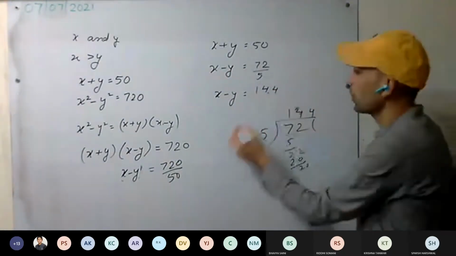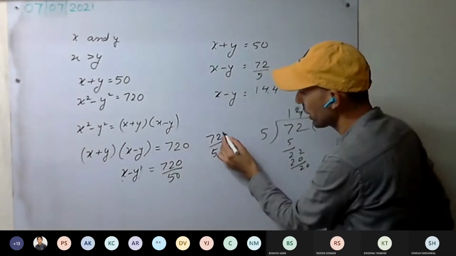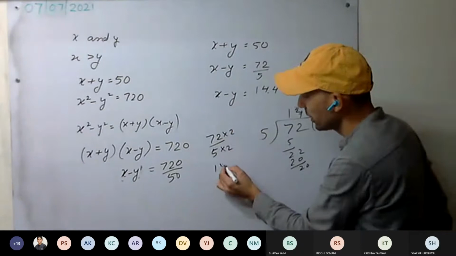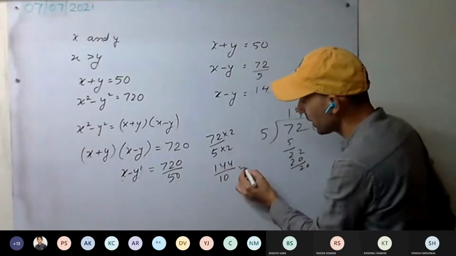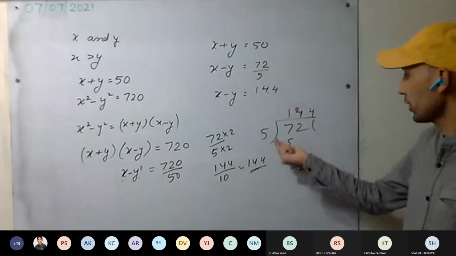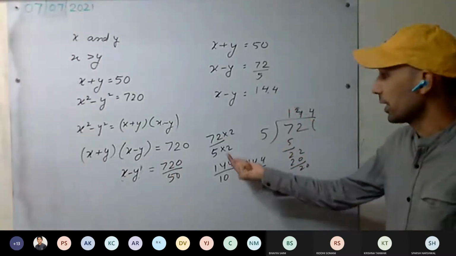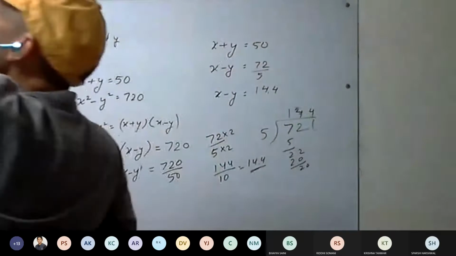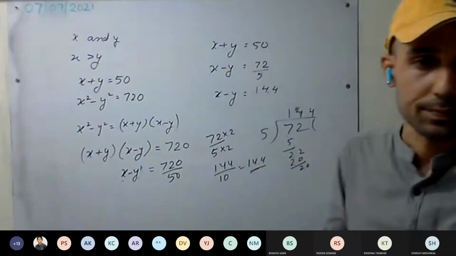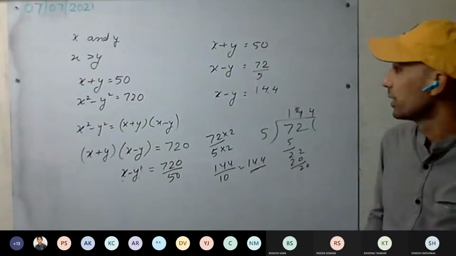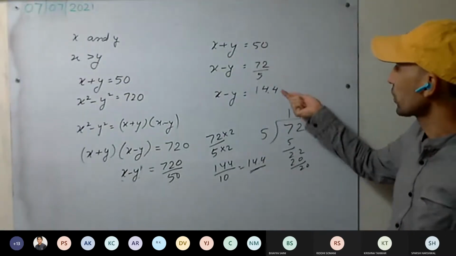Or you can convert it like this: 72 upon 5 multiplied by 2, making the denominator 10, so it is 144 divided by 10, which is 14.4. Because we already have 5, we make the denominator 10.